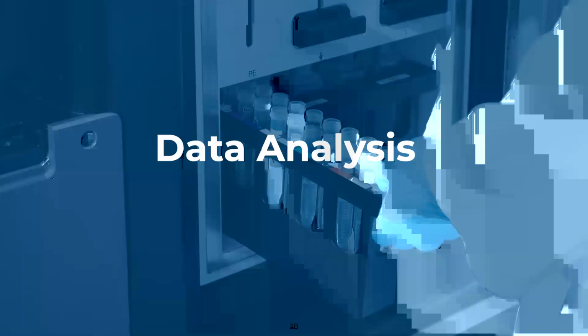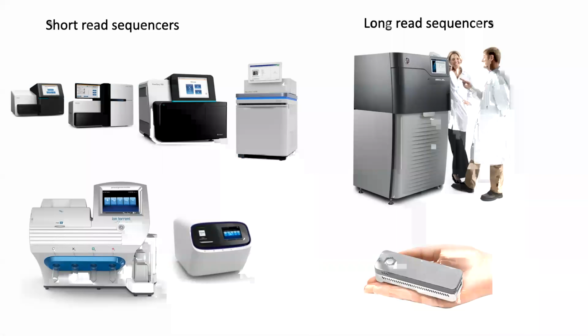Okay, so let's talk a little bit about data analysis. So first of all, many different types of sequencers exist, and they basically divide up into two categories: the short read sequencers that we talked about today, and long read sequencers like PacBio and Oxford Nanopore. So long read sequencers are making amazing advances in the length of a read.